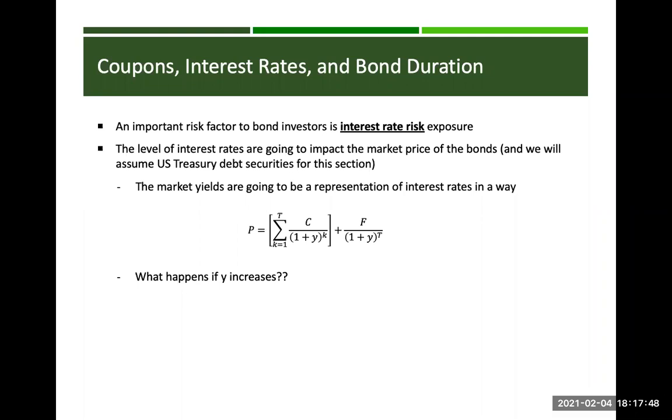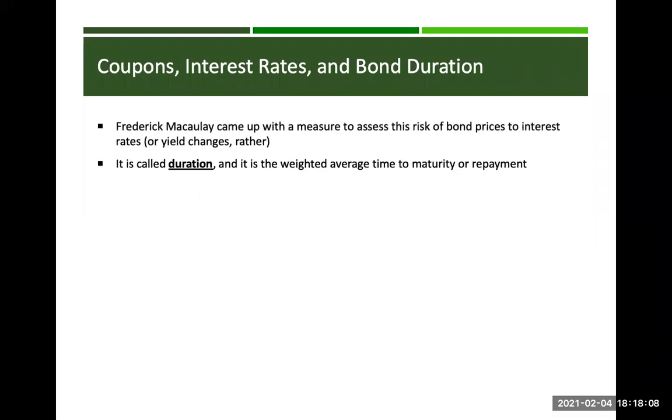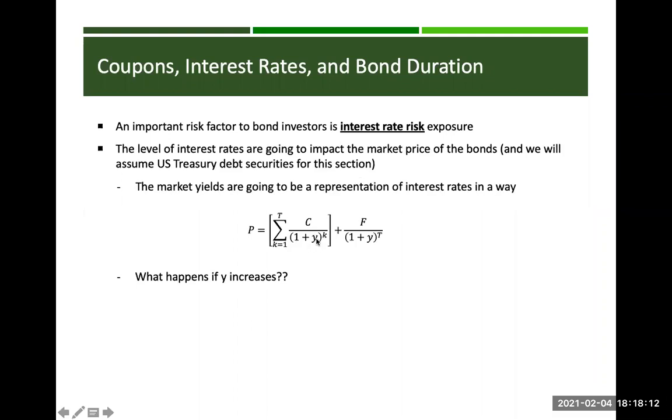What happens if the yield increases for whatever reason? It could be the risk-free rate increases, the term premium increases, or the credit spread increases. Those are the three main parts of the bond yield. Well, so the yield increases.